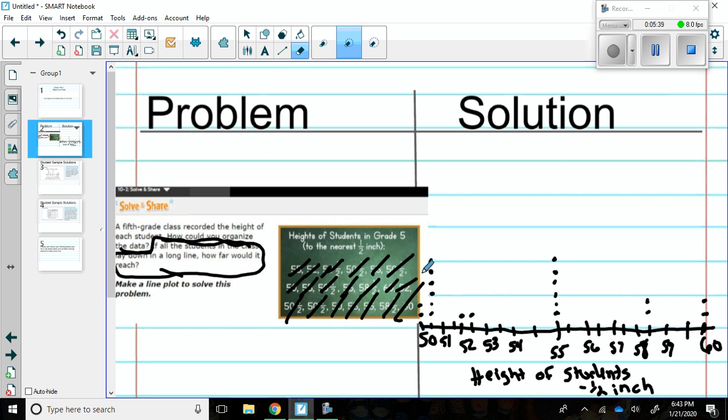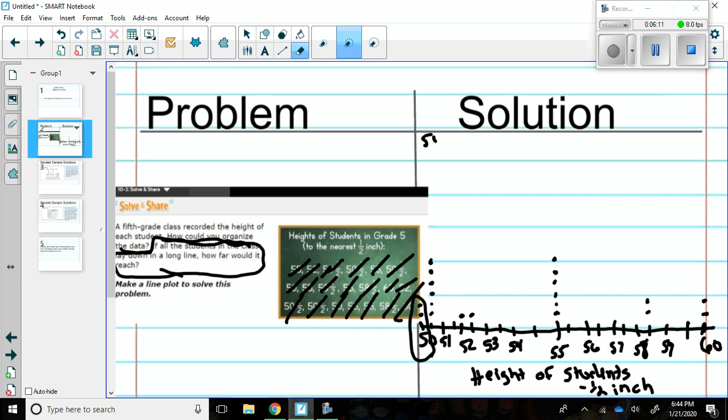Now, the next question says, if all the students lay down in a long line, how far would it reach? So this makes me think I'm finding the total of all their heights. So I'm going to have to do a lot of adding and some multiplication to figure this out. The first thing I want to do is add this first row of 50, which I have 2.